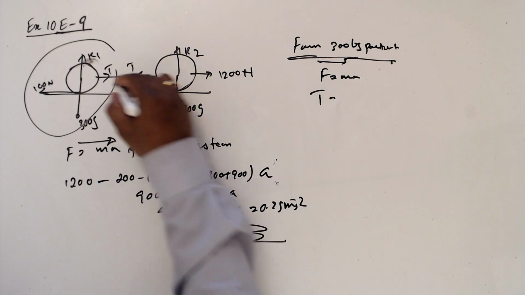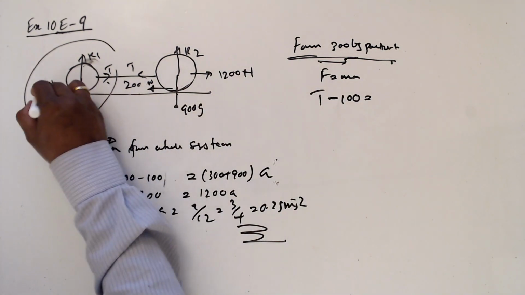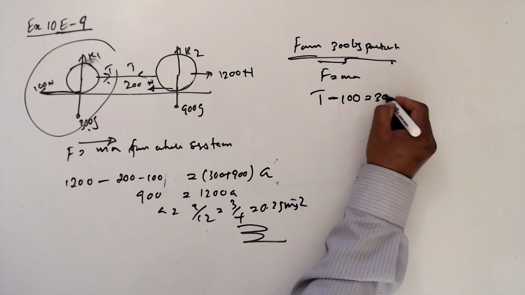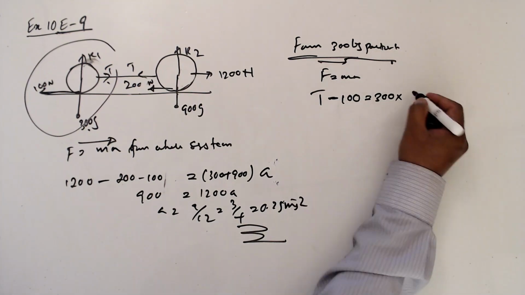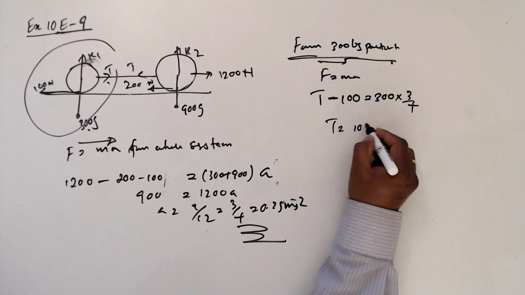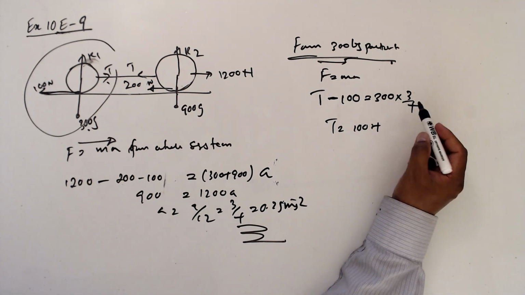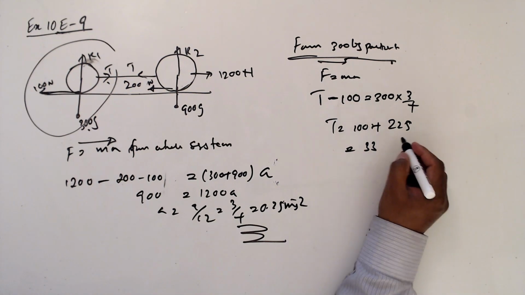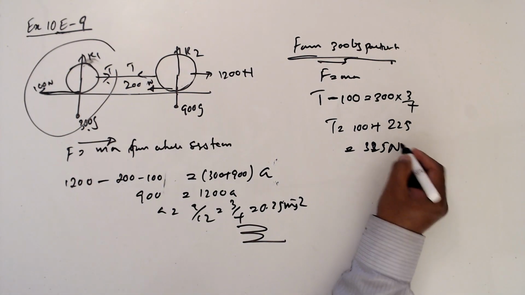F is T, and the resistance force is 100, equals mass 300 times the acceleration we found, 3 over 4. So T equals 100 plus 300 times 3 over 4, which is 225. So this is 325 Newton.